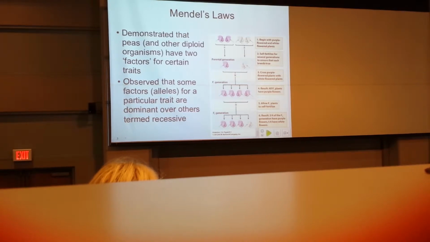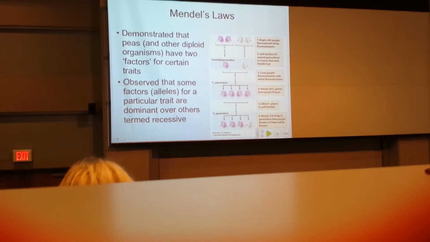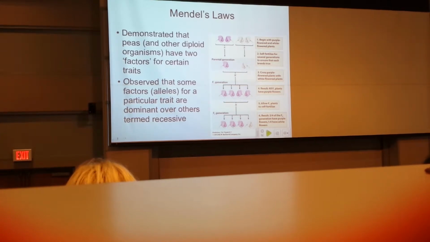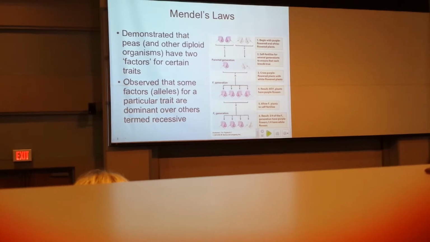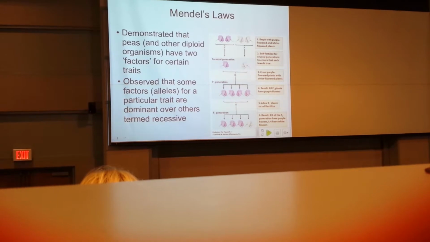And when you cross them together, you take one of these and self it with itself, you wind up with 3 that have at least one purple gene and only one that has 2 of these white genes. And the reason for this is that the purple gene allows the organism to make a purple pigment in the flowers, and it doesn't matter whether you have 1 copy or 2 copies of it, you make the purple.